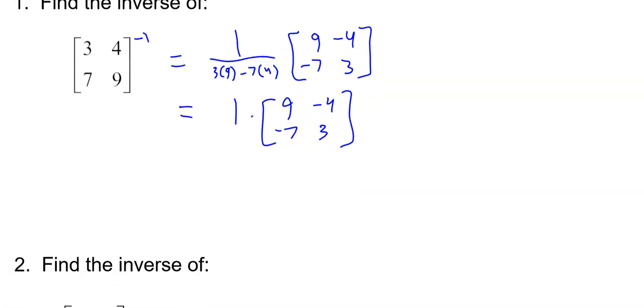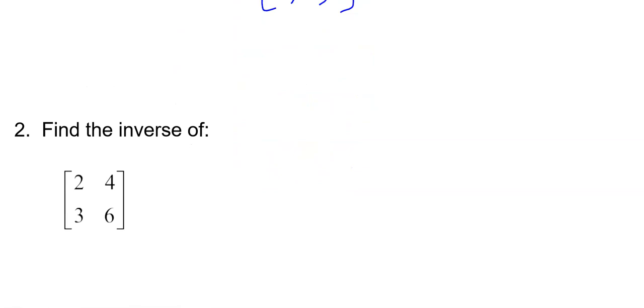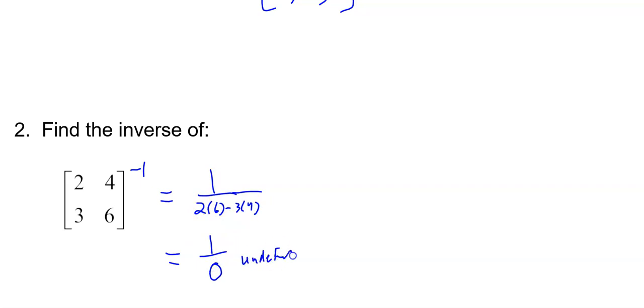Find the inverse of this one. Okay, so we're going to do 1 over the determinant, which is 2 times 6 minus 3 times 4. Right away, let's just simplify that. 1 over 12 minus 12 is 1 over 0, which is undefined.